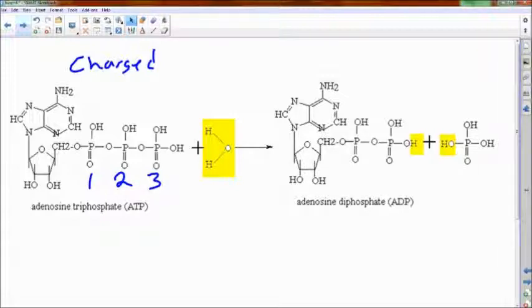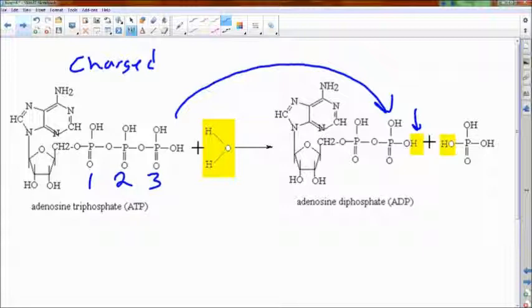If we add a water molecule, that phosphate group will break off, and we end up with the hydrogen from one water molecule on that 2nd phosphate group, and then the OH group from the water molecule will be on that free phosphate group. So to release energy, we basically just have to do hydrolysis.